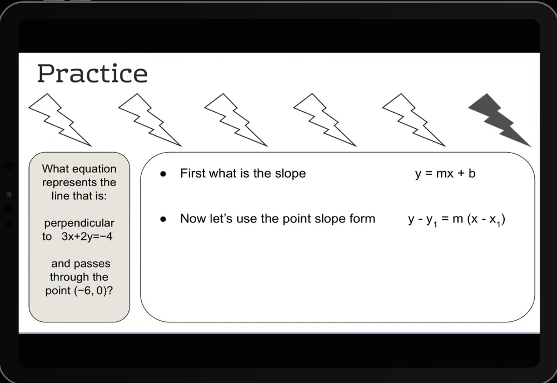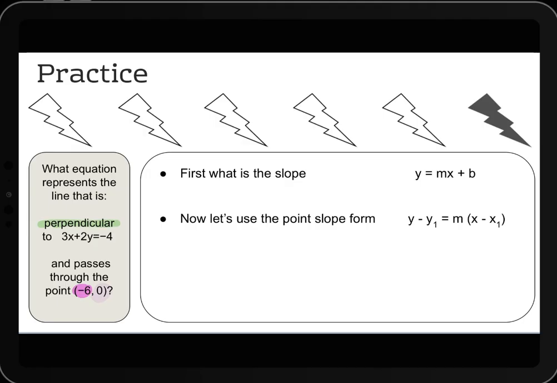In the final problem, we have another example where we're going to determine or identify a line perpendicular to one that's given to us. And here we actually have our point of -6 and then 0. So we're keeping that in mind as well. Unfortunately here, the equation that we're being given is not written in slope-intercept.